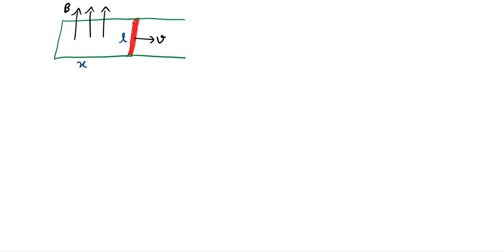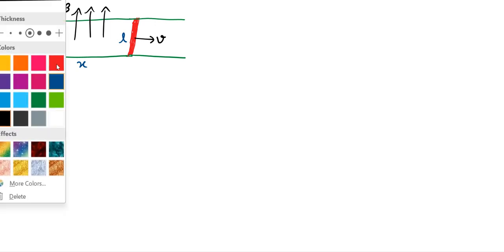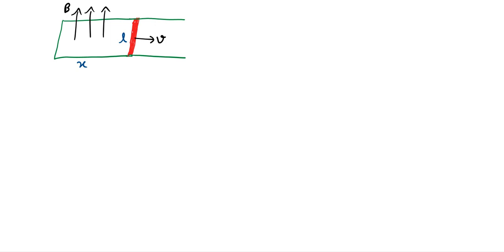This is making a loop, so the flux passing through the loop is phi equal to magnetic field multiplied by area. The area of the loop is l multiplied by x. So the overall flux becomes B into l into x.